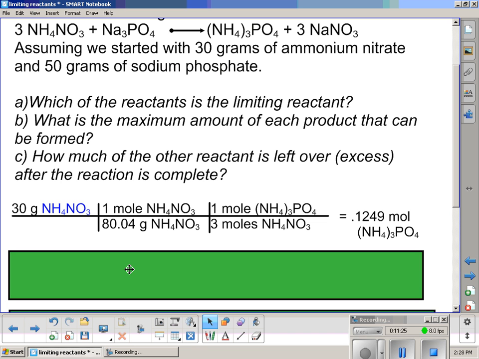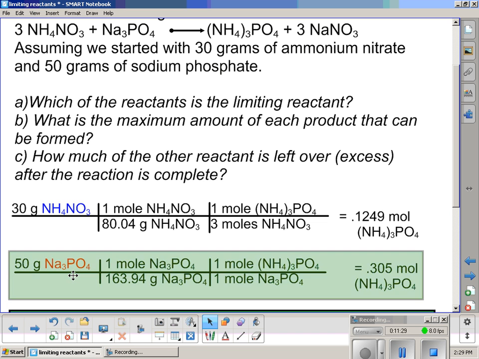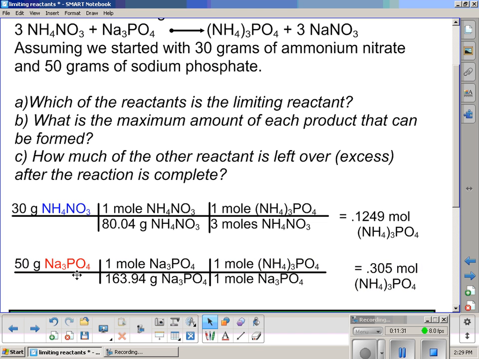Okay, and our other stoichiometry problem for A, finding the limiting reactant, we put in 50 grams of sodium phosphate, and we do our conversion to moles, 1 mole of sodium phosphate, equivalent to the molar mass of sodium phosphate.